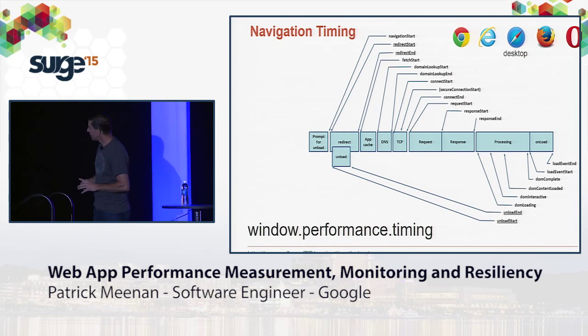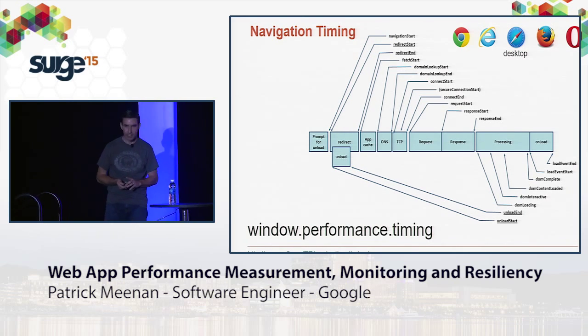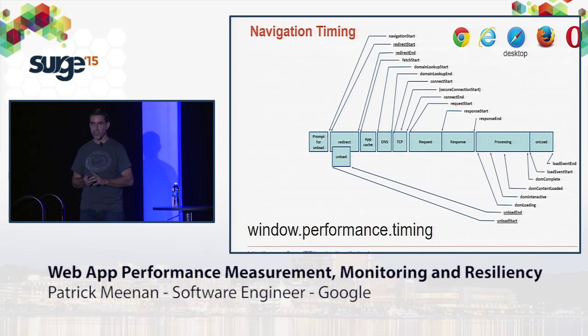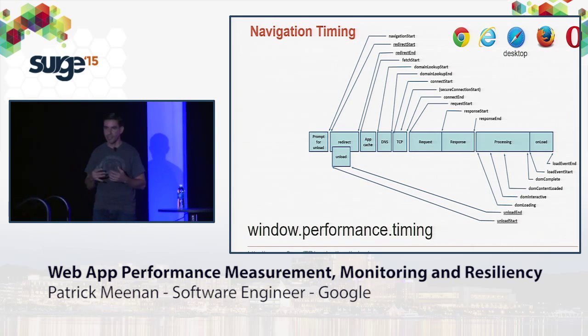Unfortunately it doesn't break SSL negotiation out separately. That all sort of gets lumped into the connection time. That's something to be aware of as you're tuning and optimizing, because everyone is moving to SSL, right? And HTTP2. As you're doing that, there's a lot of work that needs to be done to tune that right, to optimally get into the one round trip time for SSL negotiation.